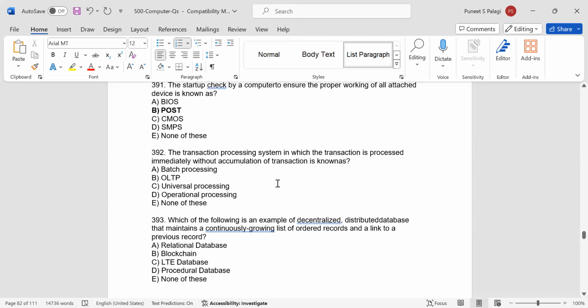The transaction processing system in which the transaction is processed immediately without accumulation of transactions is known as batch processing, OLTP, universal processing, operational processing.